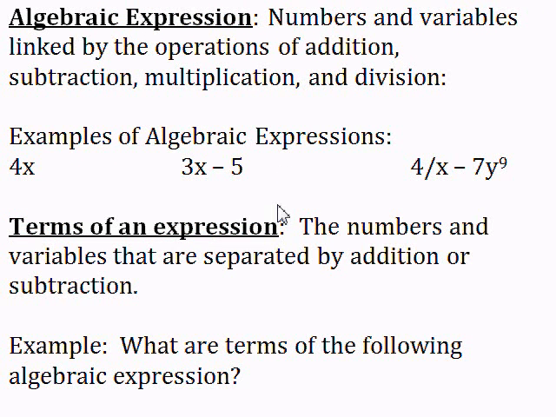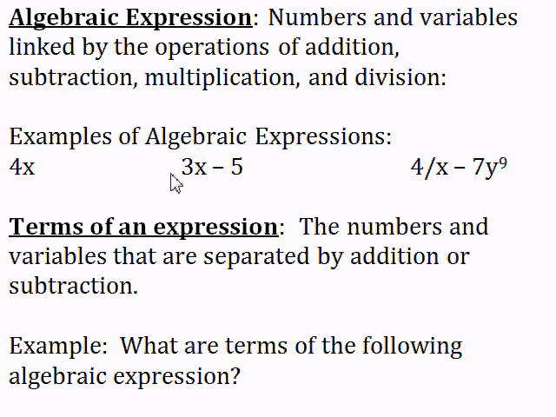Our next two terms are algebraic expressions and terms of an expression. An algebraic expression is numbers and variables linked by the operations of addition, subtraction, multiplication, and division. Examples of algebraic expressions are 4x, because the 4 and x are linked together by multiplication, 3x minus 5.